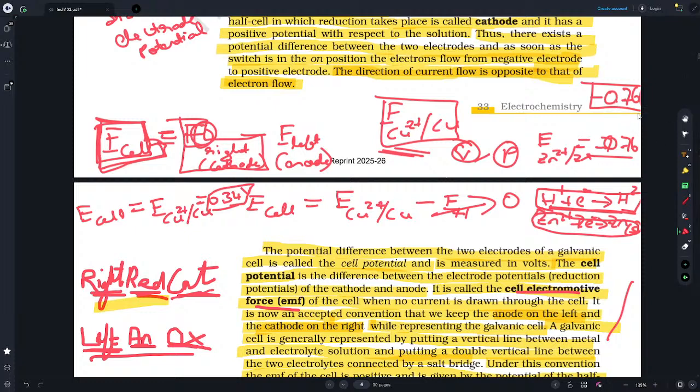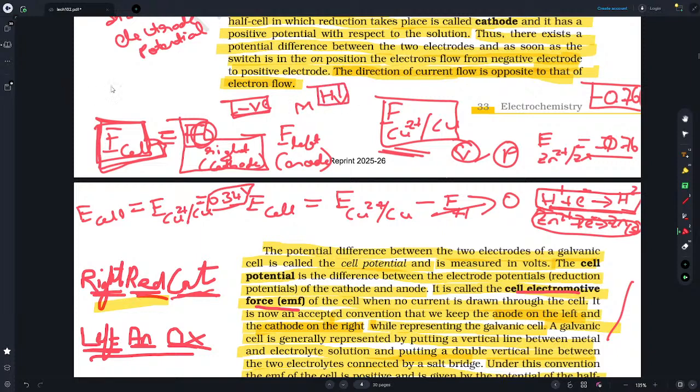When we see that the standard electrode potential, the SRP value, is negative, that doesn't mean it is impossible for the specific metal to get reduced. It just means that with respect to hydrogen, in the case of negative, the metal's tendency to reduction is less than hydrogen.